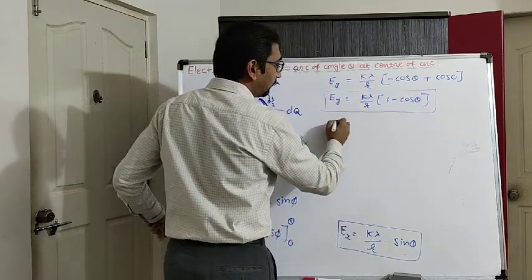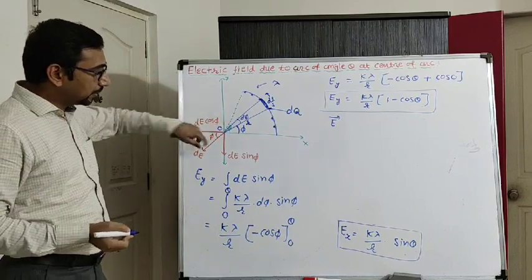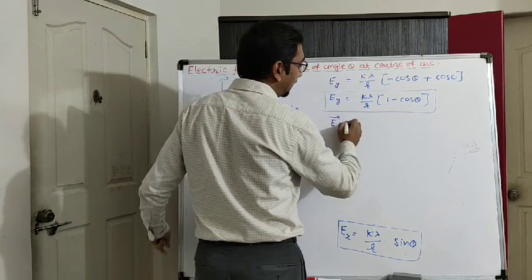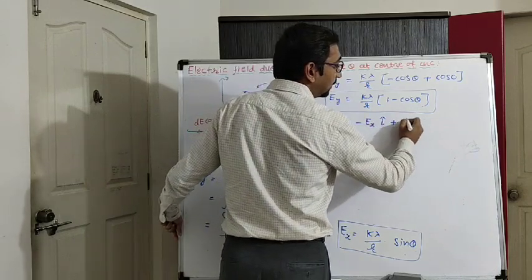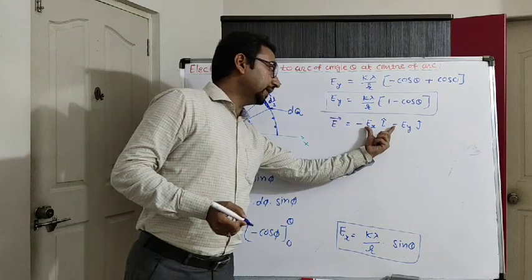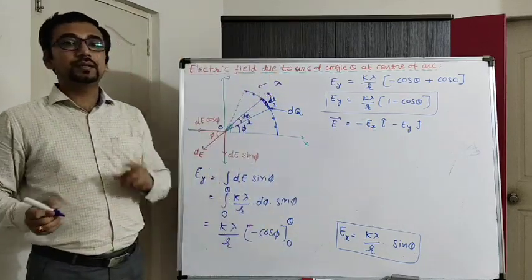So the total electric field produced at this point is in the third quadrant. So in terms of x and y components, if we write, then E is equal to minus Ex i caret plus, or we can say minus Ey j caret. Both the x and y components will be negative because the electric field is in the third quadrant.